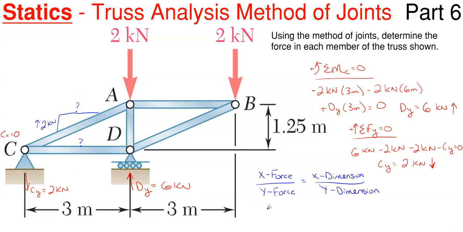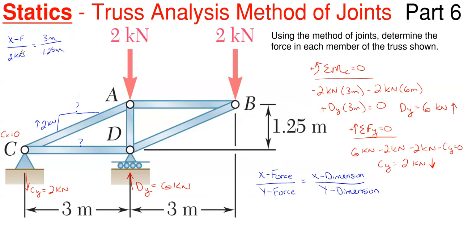So let's set up this ratio, which I'm going to put up here. I'm looking for the X force, which I'll abbreviate as X dash F, divided by the Y force on the diagonal, which is 2 kilonewtons. That ratio has to be equal to the X dimension, the horizontal dimension, which is 3 meters, divided by the vertical dimension, which is 1.25 meters.